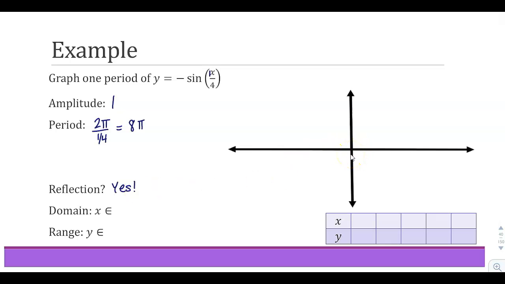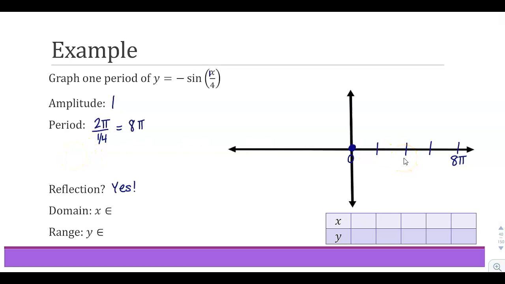So let's go ahead and mark a value at 0. And in fact, I'm going to put a point at 0 because this is the sine function, which starts at the origin. And then over here, I will label the end of my period, so 1 full wavelength has to be completed between 0 and 8 pi. And then again, we want to split this into our 4 equal parts. Now here, I think this is probably an easy one where we don't have to go through the process of finding a quarter period.